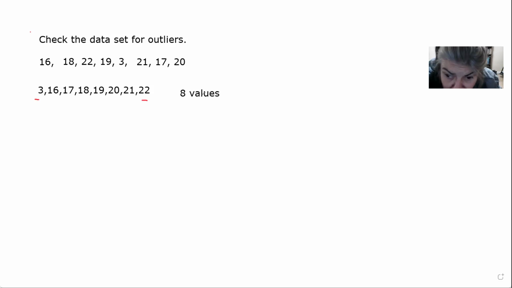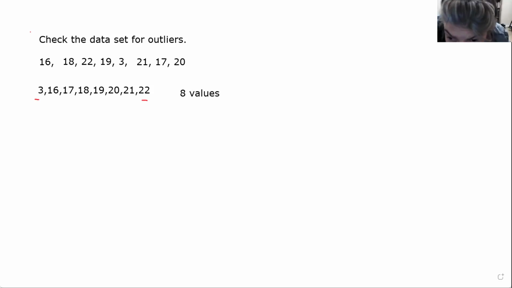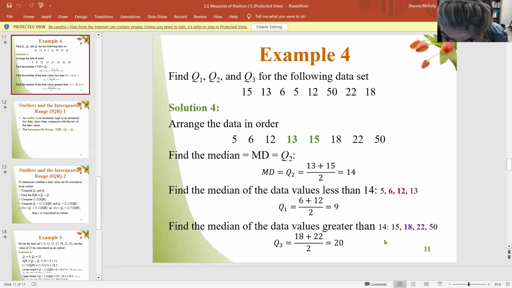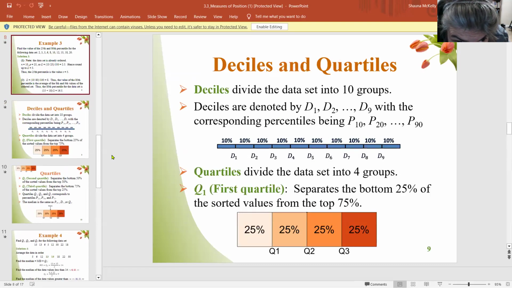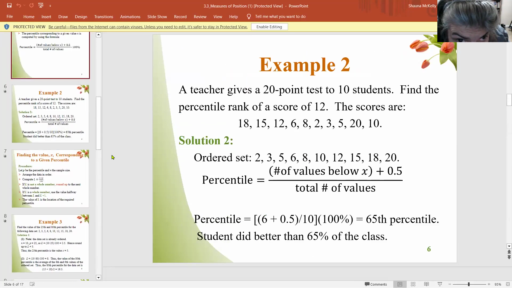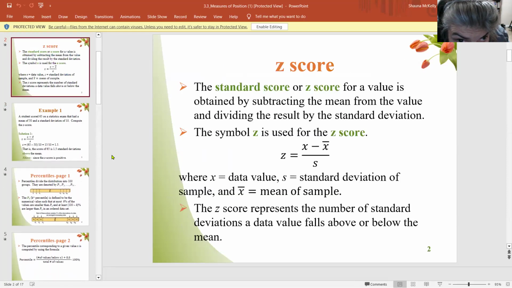So remember from our data set that if I go back to my slides for the location of the median, I want to find my median, which is back in 3.2.